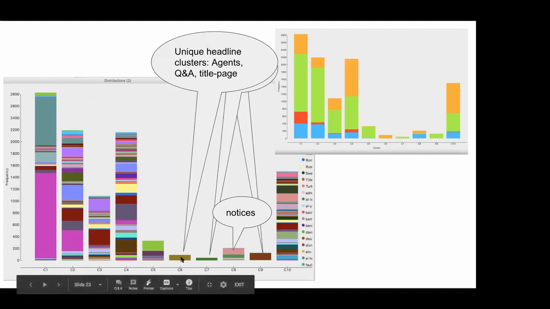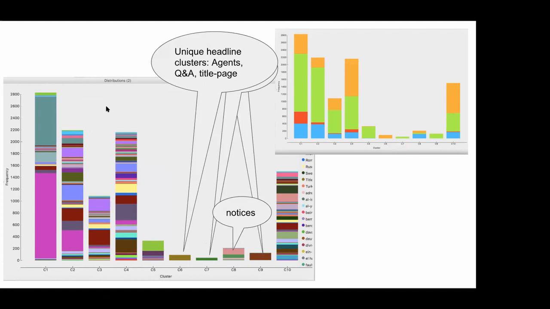So if we look at the smaller clusters, what we see is that they're homogenic, right? This one cluster is one section, one type of section, and the same with this and this. I call them unique headlines clusters, and they are the very formulaic types. So we have these formulaic parts of, for example, questions and answers.